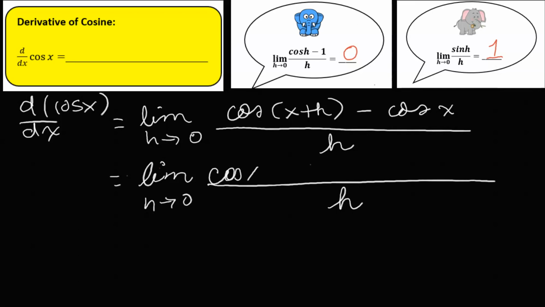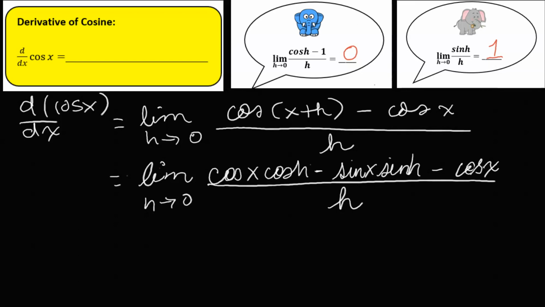So that would be cosine x cosine h, minus, that's how I remember it, cosine cosine sine sine, sine x sine h, minus the cosine of x that was there. All right, so we would say cosine of x.